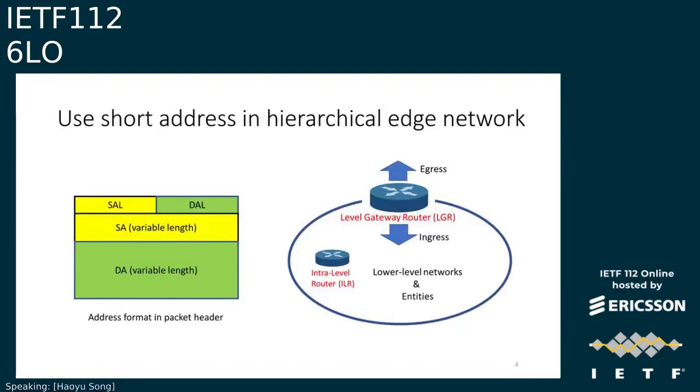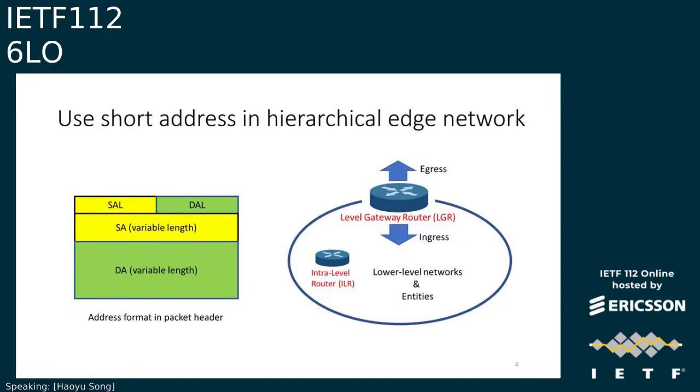So for the address part of the packet header, we only maintain the length of the source address and the destination address, followed by the two variable-length addresses, the source address and the destination address. In this way, we can really compress the address part of the header. For the network architecture, we have multiple levels of subnetworks, and each level has one or more gateway routers. We call them level gateway routers.